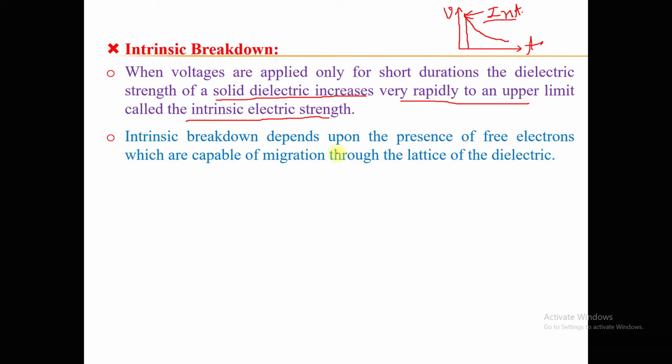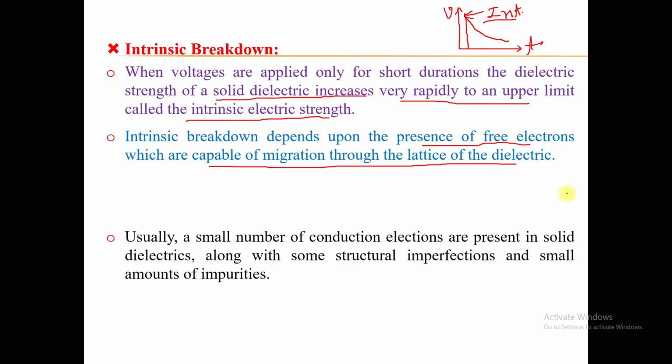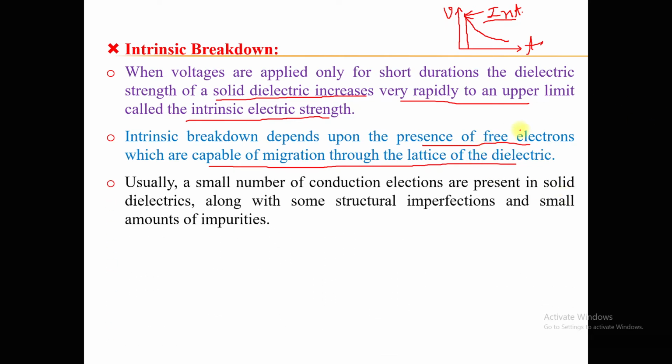So intrinsic breakdown depends upon the presence of the free electrons which are capable to migrate through the lattice of the dielectric. So generally a fewer number of electrons are always present in the conduction state.